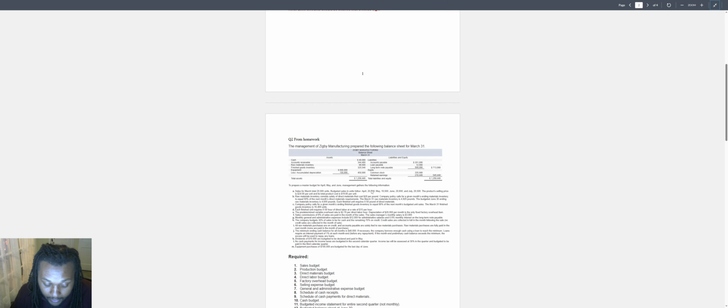Okay, and that totals to 1,016,400. And so the total cash receipts is 492,000 for April. For May, it's 448,800, and for June, it's 471,600, which gives us a total for the quarter of 1,448,400 for the total schedule of cash receipts.